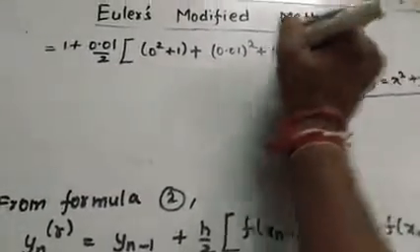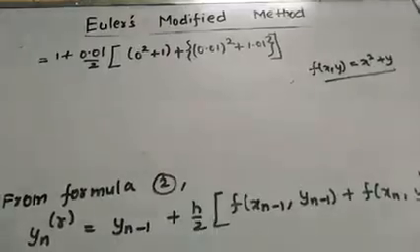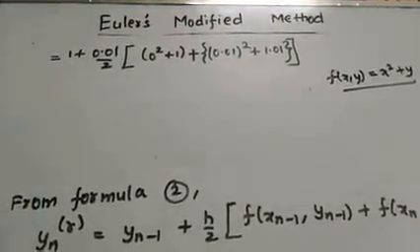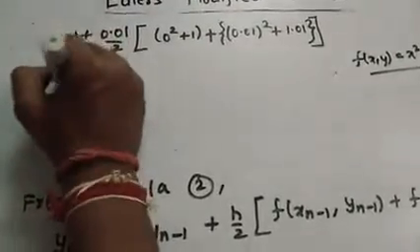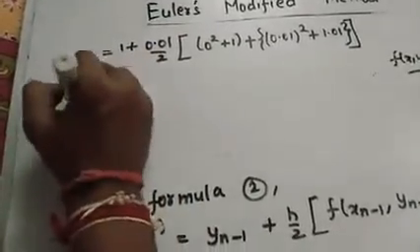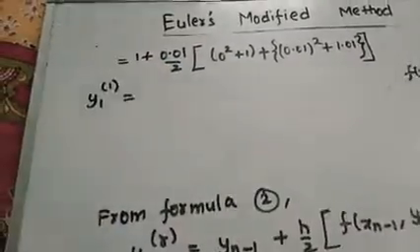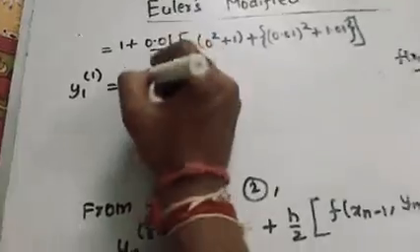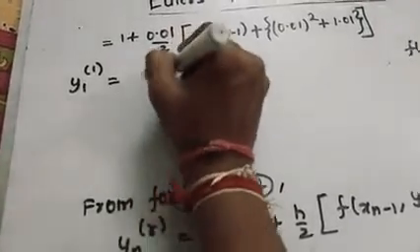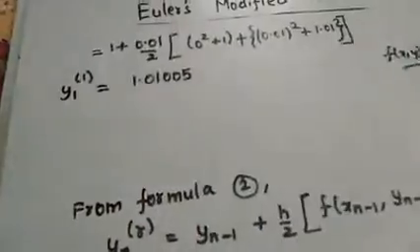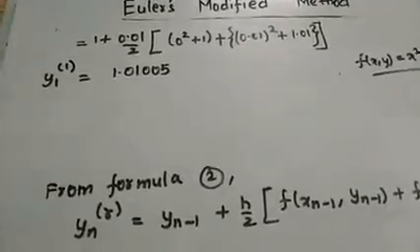You can put this in the second bracket. After solving all this, you will get y1 of 1 as 1.01005. So this is our y1 of 1.